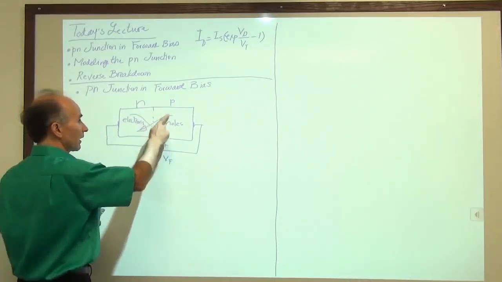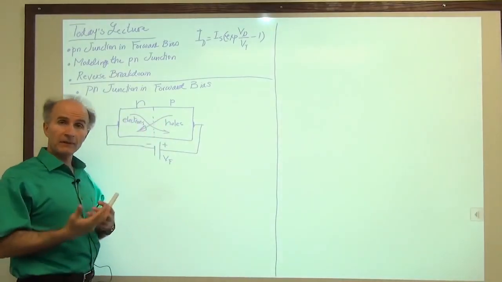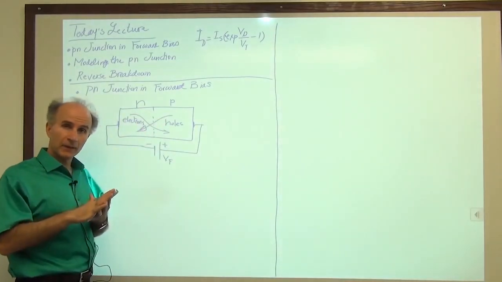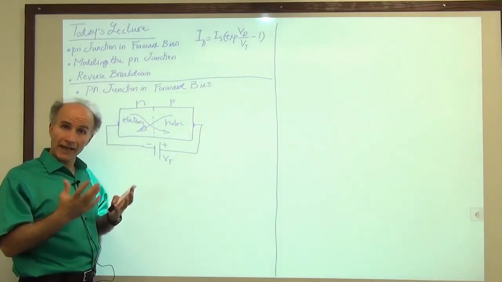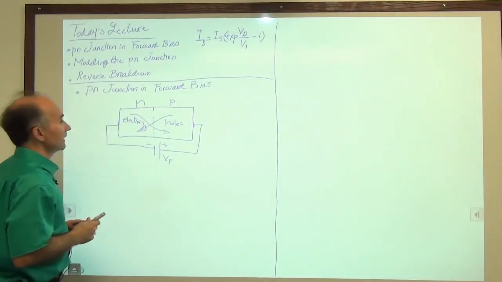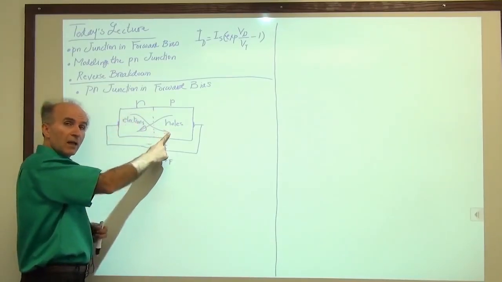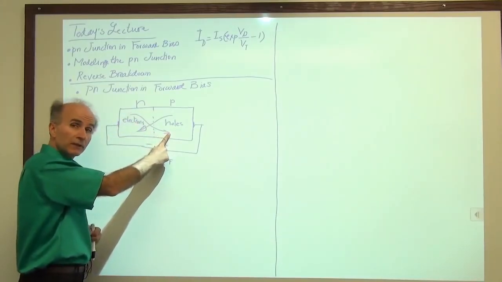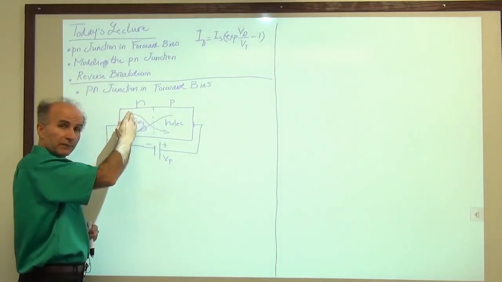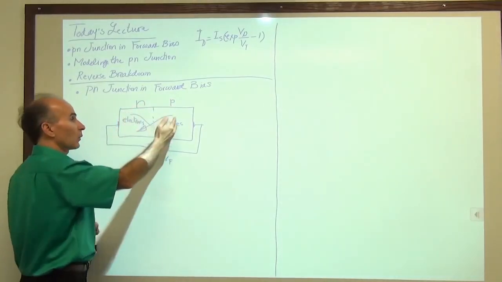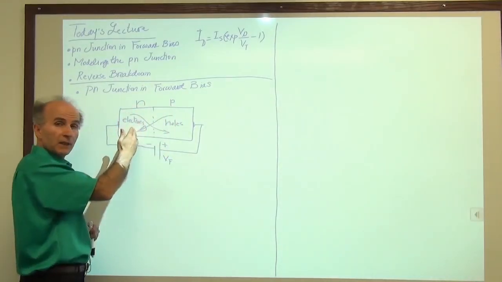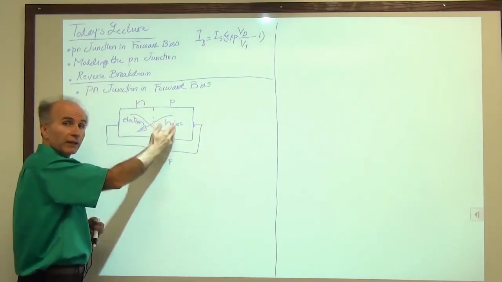We allow the current to move forward, so to speak. Okay, are these two currents opposite of each other, or do they add up? In other words, do they cancel each other? Well, you can see that if electrons go from left to right, the conventional current equivalent is from right to left. If holes flow from right to left, the conventional current is still from right to left.